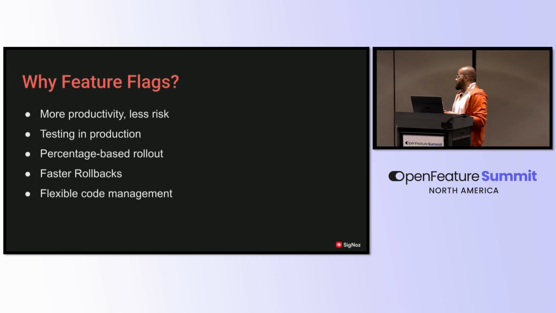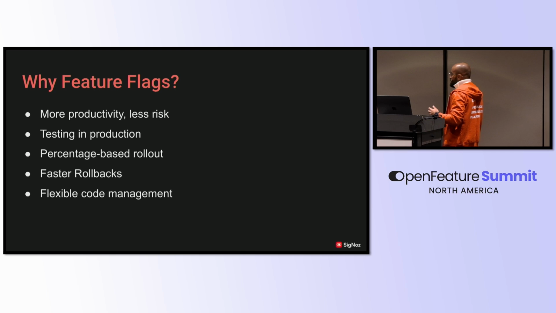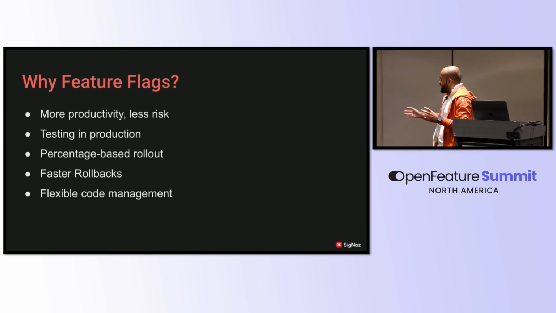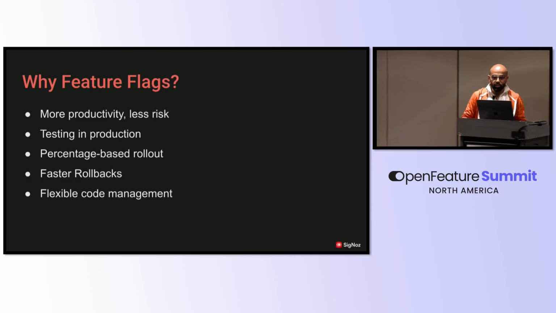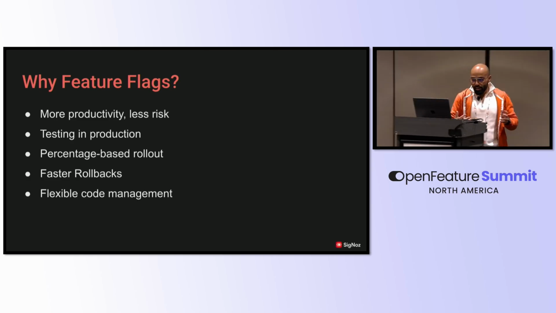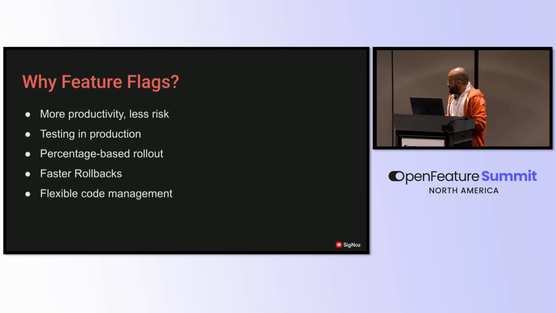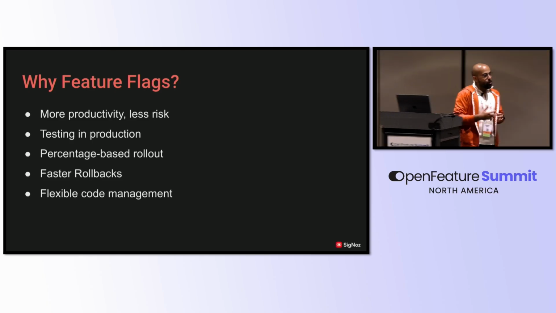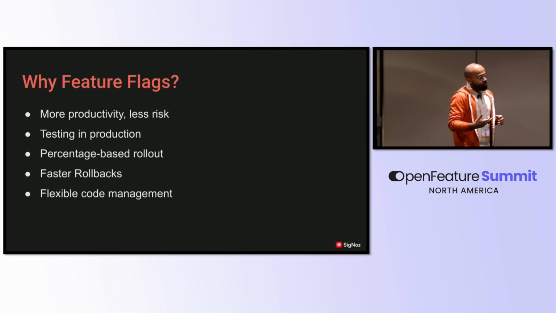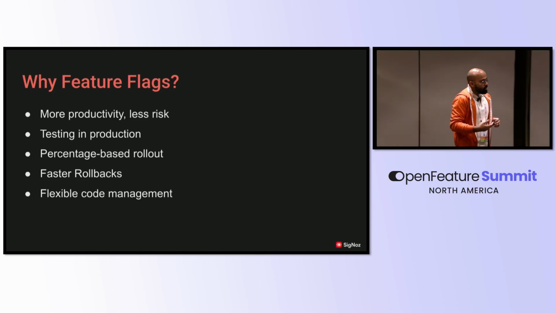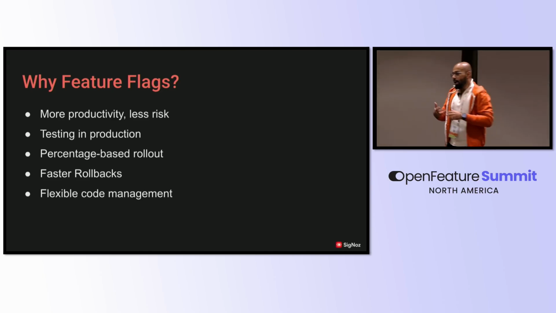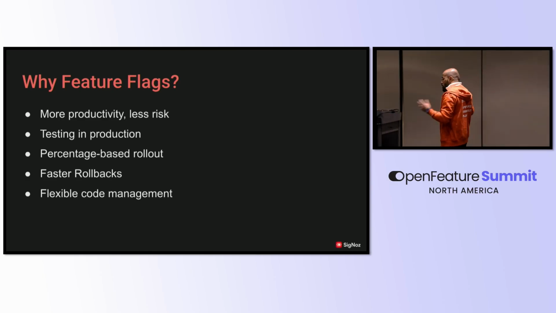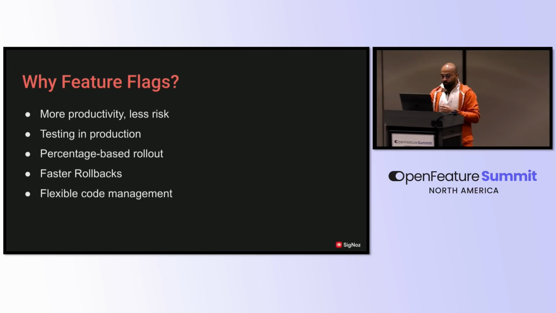If I am in a UAT environment or in a production environment, I can turn the feature flag on for some particular people, and they can do testing in production, probably on production grade data as well. It can also give us percentage based rollouts. And because we are doing rollouts, we can easily get faster rollbacks as well. If the flag is turned on, I do the rollout. If the flag is turned off, I can just do the rollback.